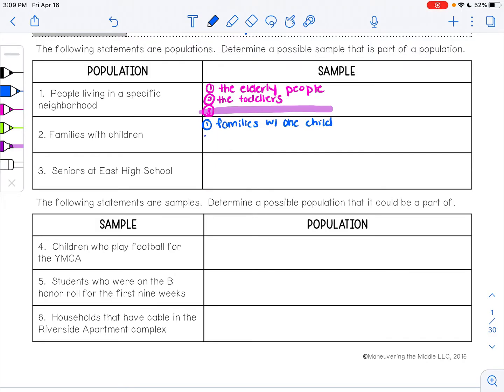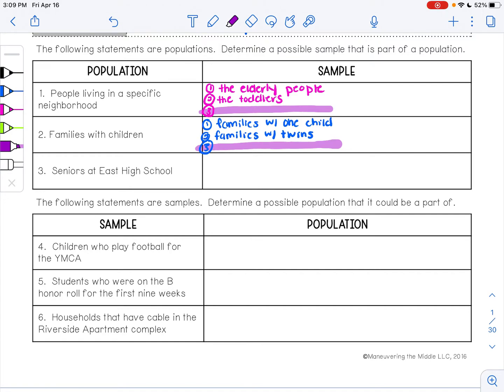Or you could have families with twins. See if you can come up with a third example of a sample from families with children.